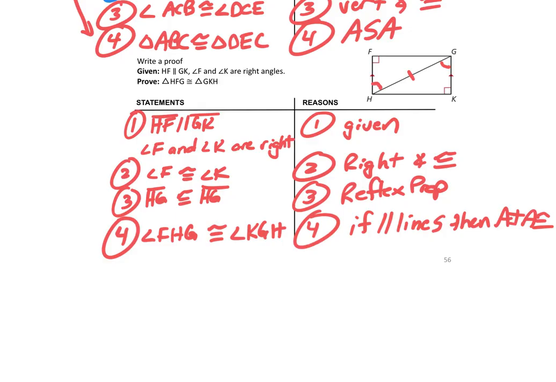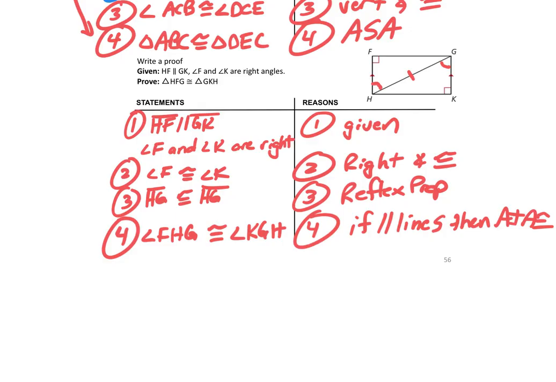Are alternate interior angles always congruent? No, okay? These are not congruent unless we know that these 2 lines are parallel, okay? So that's why it's so important to say if parallel lines. If you just said alternate interior angles are always congruent, that's not a true statement. Vertical angles are always congruent, but alternate interior angles are not always congruent.